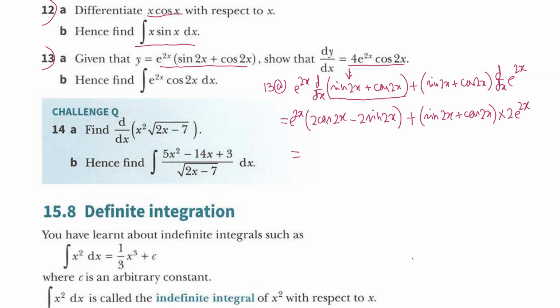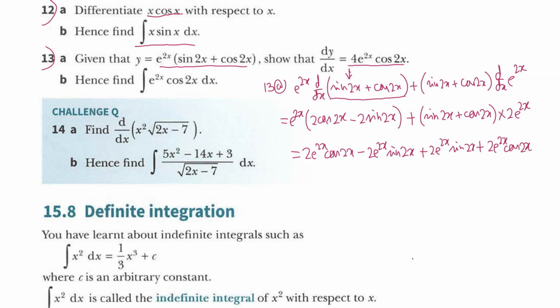So let me finish it. Then the expression you can write: 2 e to the power 2x cos 2x minus 2 e to the power 2x sin 2x, then plus 2 e to the power 2x sin 2x plus 2 e to the power 2x cos 2x.